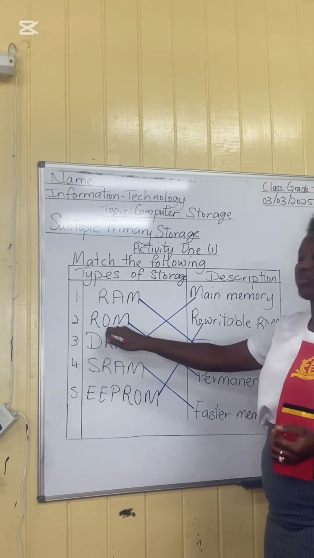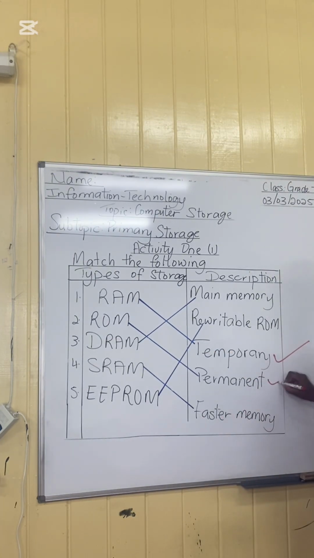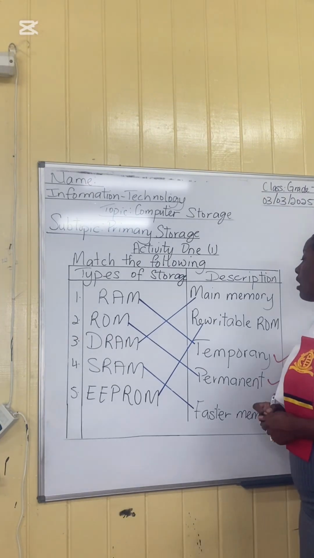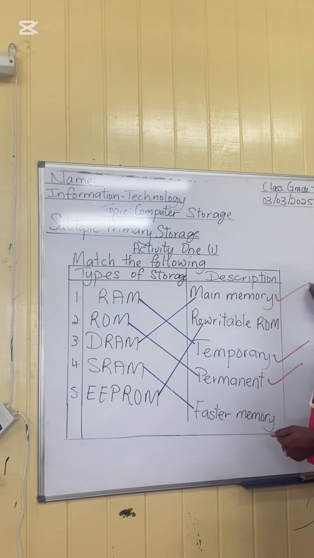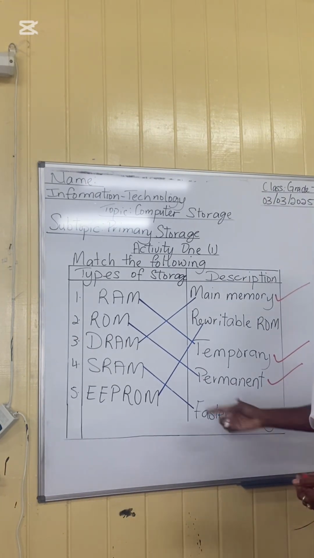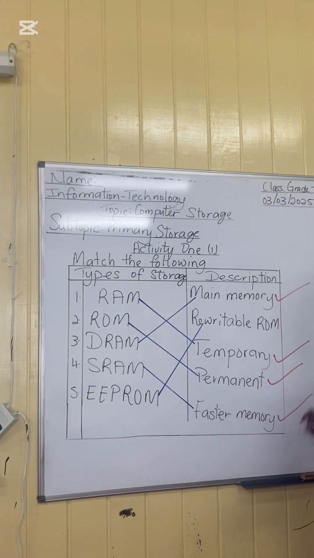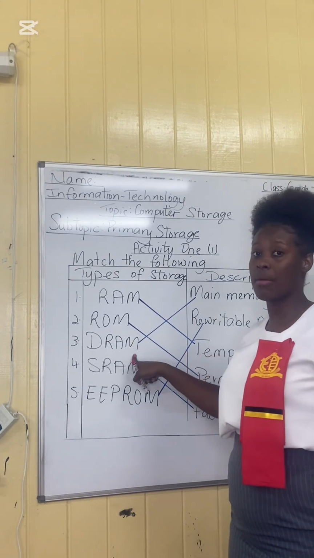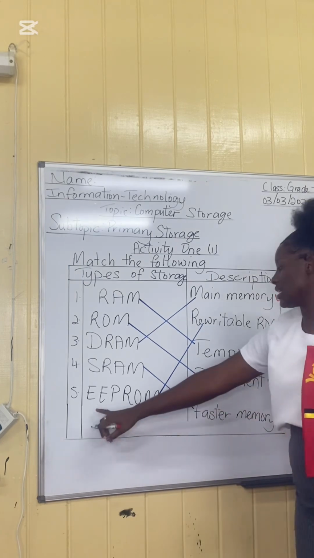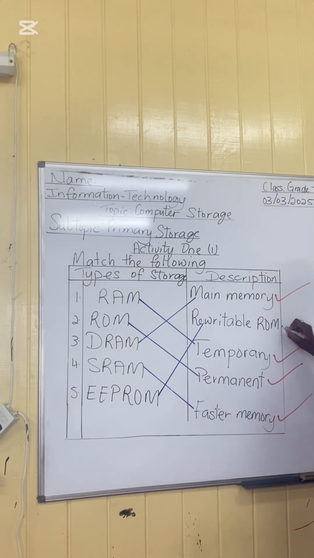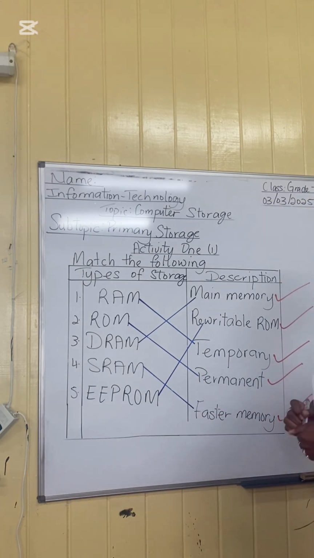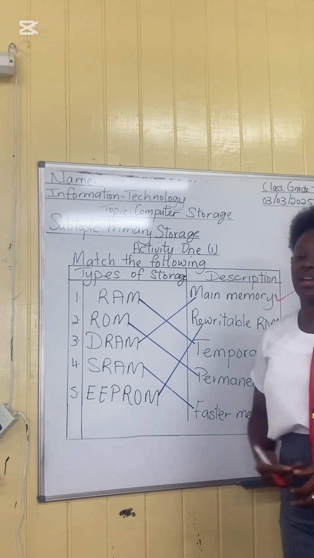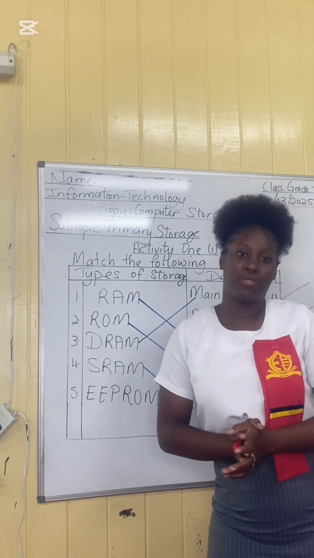Followed by ROM, we understand that the ROM stores our data permanently. For the DRAM, this is the main memory, and the SRAM is faster than the dynamic RAM. For the EEPROM, this is the rewritable read-only memory. If you got all correct, please give yourself a round of applause.